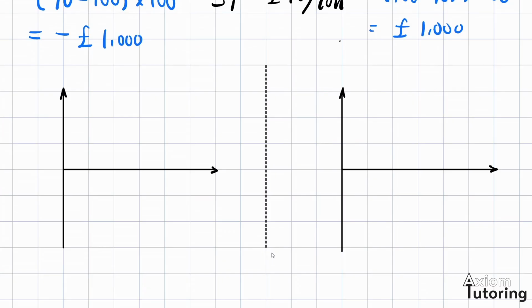So for the long side here, your payoff would be on the vertical axis, and we've seen that your payoff depends on the spot price of your underlying asset, and there will always be a pre-specified price, which is your forward price. In this case, that's £100 per ton, and let's call it F_T here.